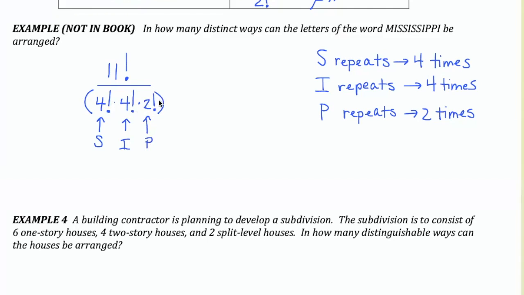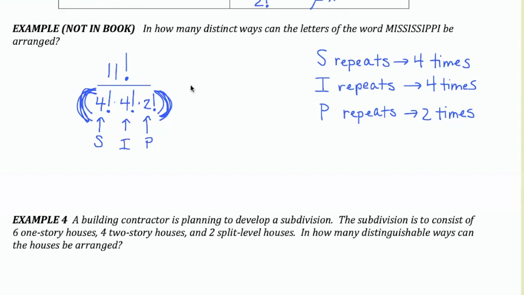So if you have multiple things repeating, this is the way you're going to set this up. Now, typing this into a calculator, you must put these parentheses in. If you do not put parentheses around your denominator, you will get the wrong answer.